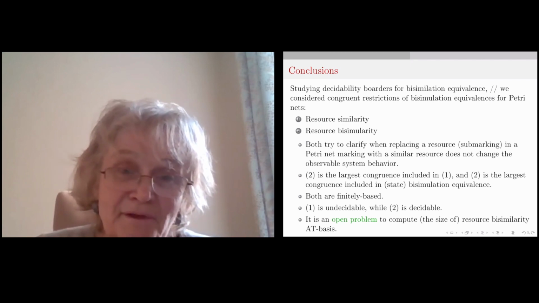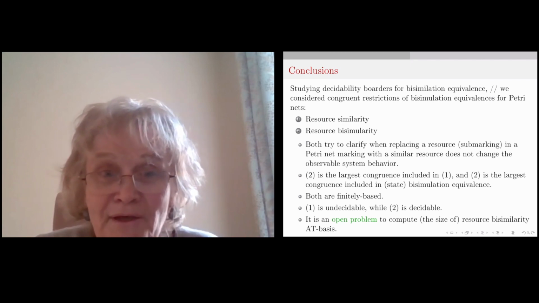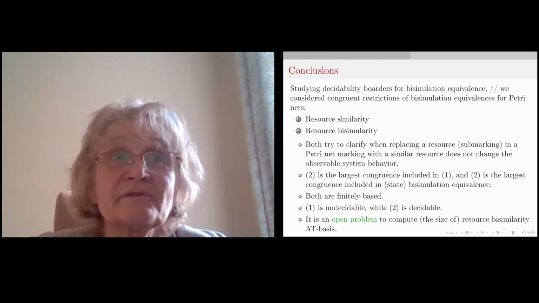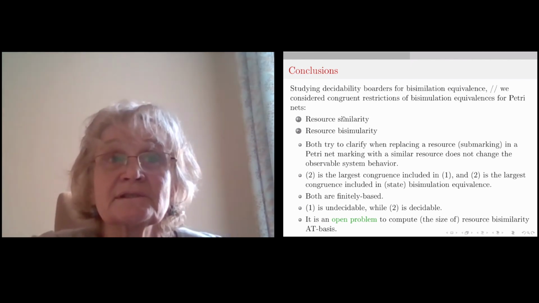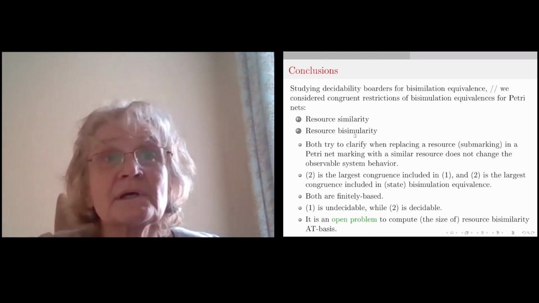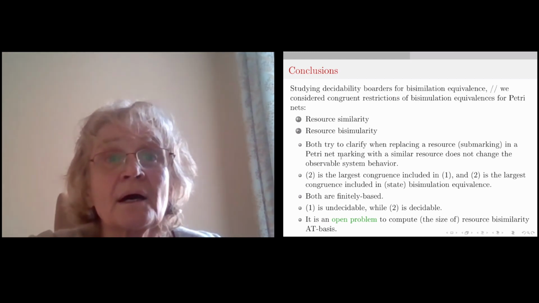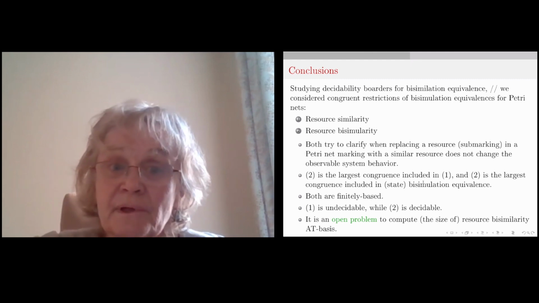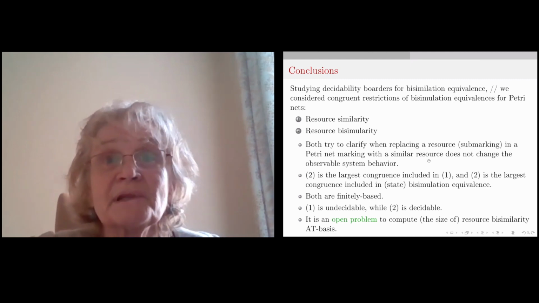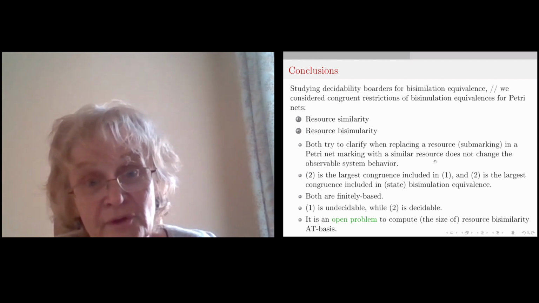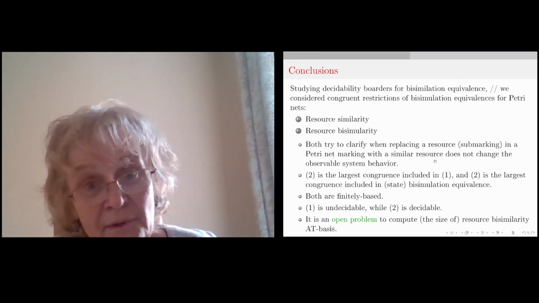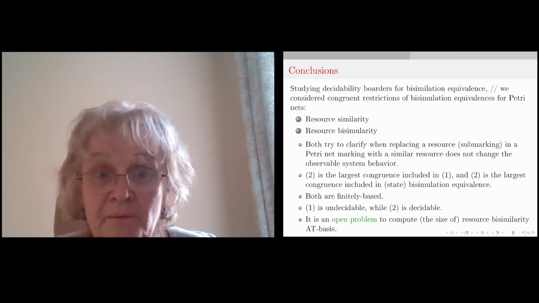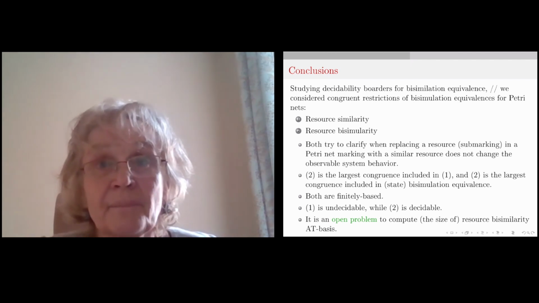For classical Petri nets, not. So we were looking for some more coarse border. So we defined two equivalences, resource similarity and resource bisimilarity. Both formalize replacing one resource by another without changing the observable process behavior.